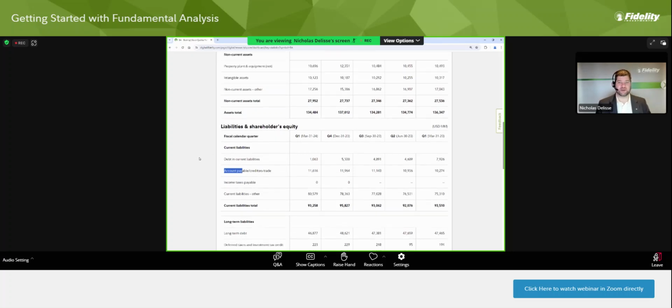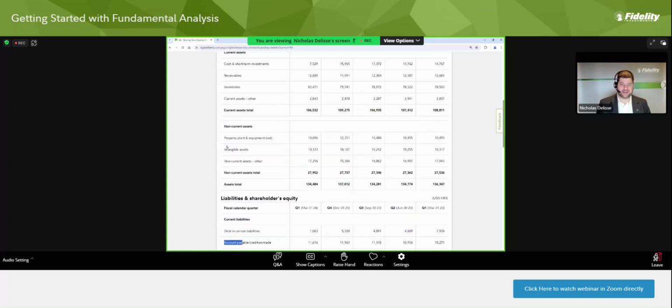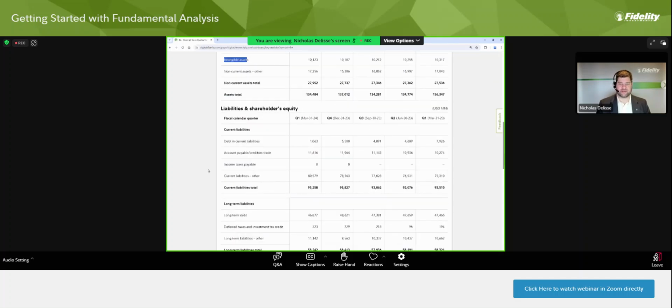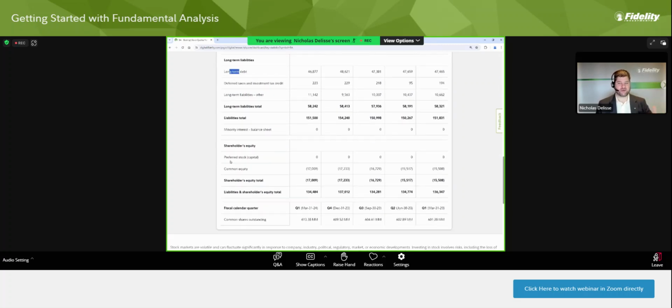So you have those current assets, those non-current assets, intangibles like what's your name worth, and then liabilities: debt and current liabilities, accounts payable, in addition to taxes owed, some other current liabilities, long-term liabilities, that long-term portion of the debt, other things going out there. And then of course we have shareholders' equity, which is whatever might be left over.